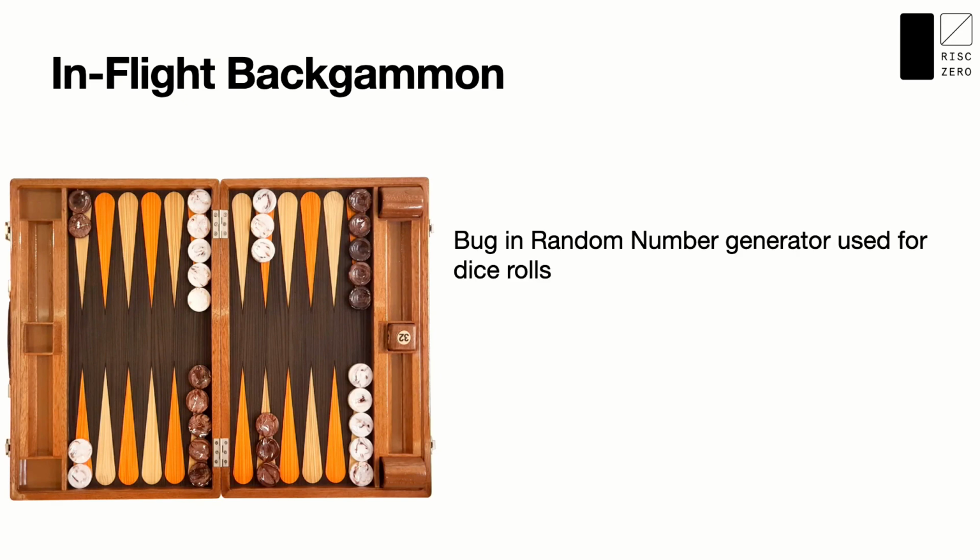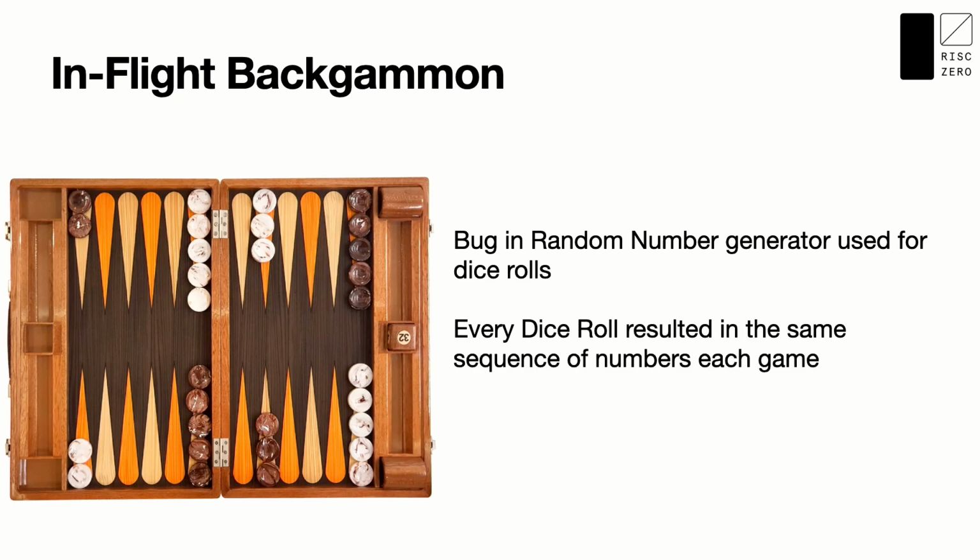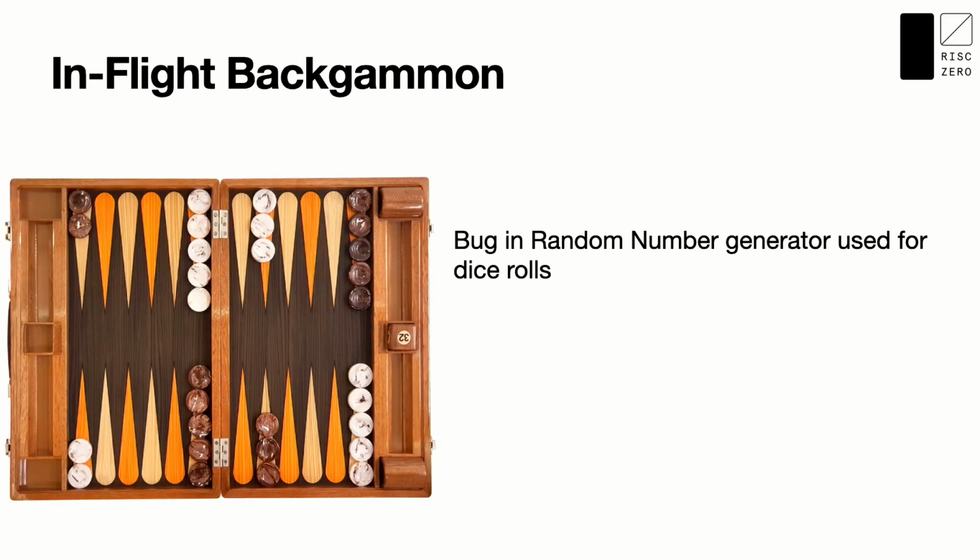There was a bug in the random number generator used for their dice rolls, which meant that on each game, the numbers that came up as dice rolls were the same. So each game had the same set sequence of numbers, which was kind of nice because I won like 10 games in a row.